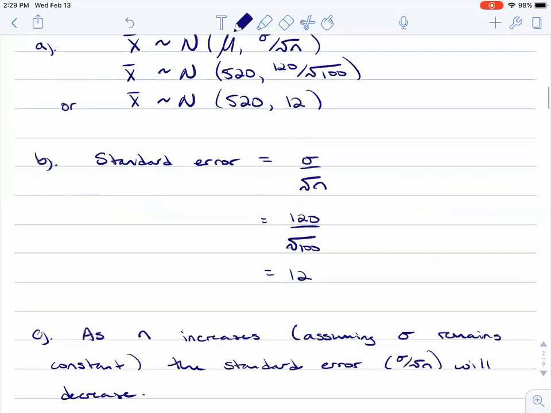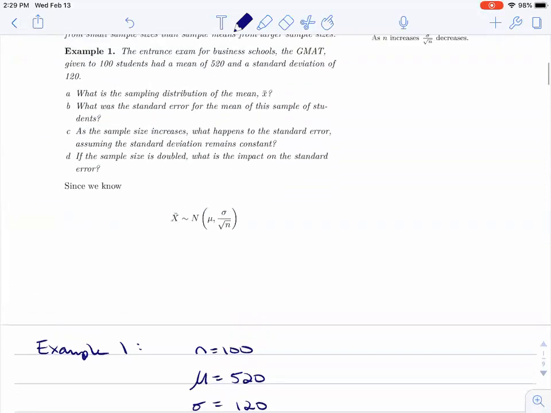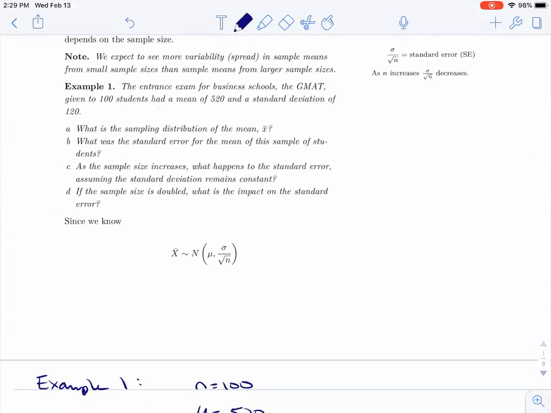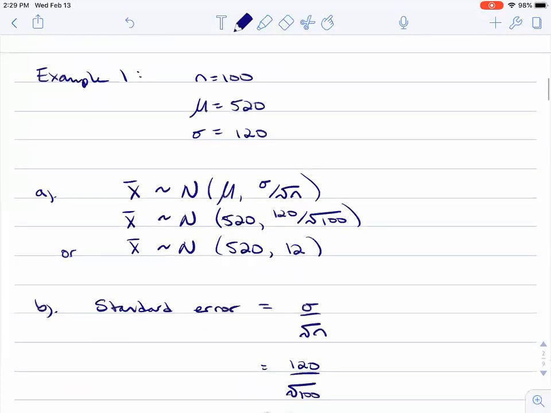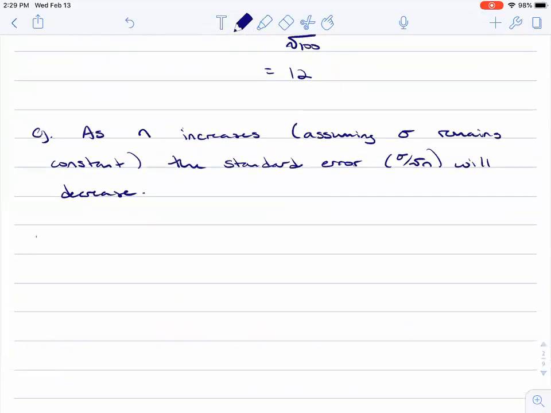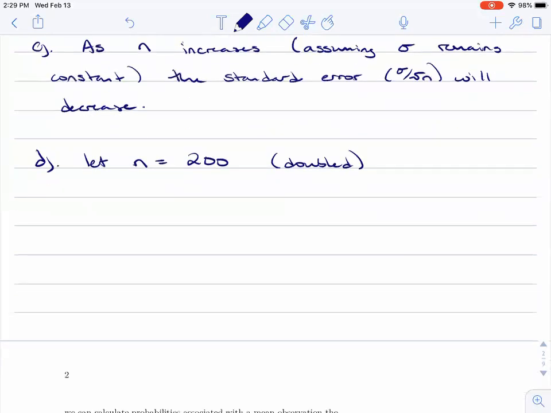So for the last part, this is the one that I kind of stole this problem for. If the sample size is doubled, what's the impact on the standard error? So if we let n be 200, it was 100, but now I'm making it be 200, so doubled. Find the standard error.